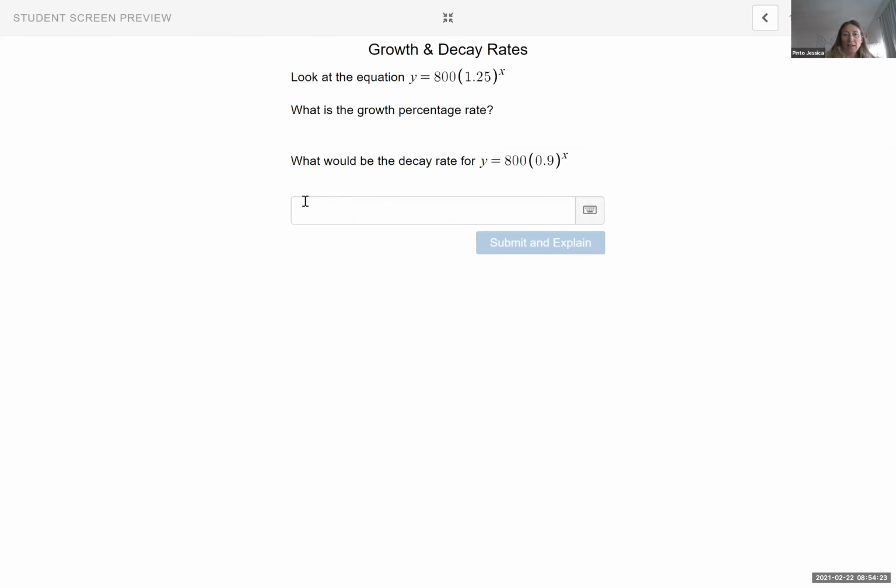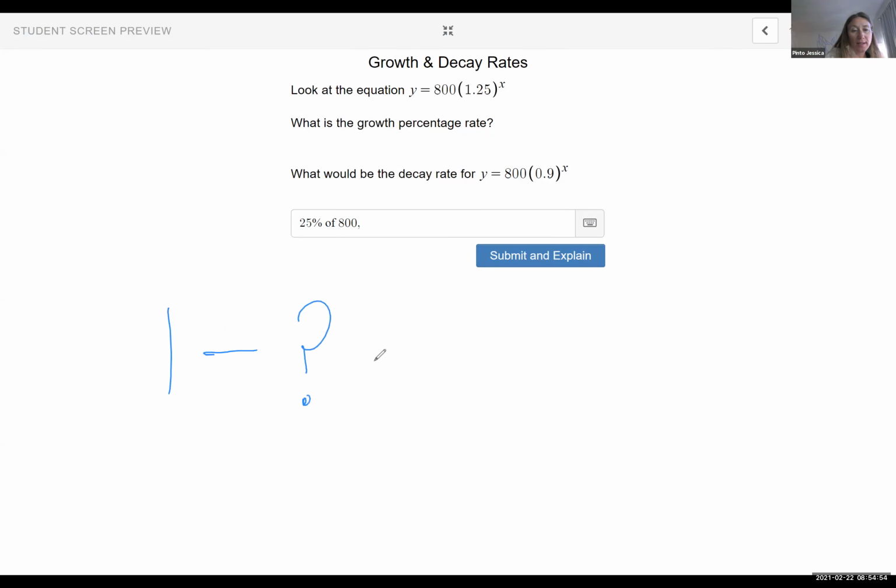And so looking at this first equation to make sure that I understand it, I've got the 0.25, 1.25, so 0.25 is 25% growth. So 25% of 800, that's the growth. And then the second one, the decay, it's 0.9. So what I really have to think there is, it was 1 minus this unknown percent is equal to 0.9.